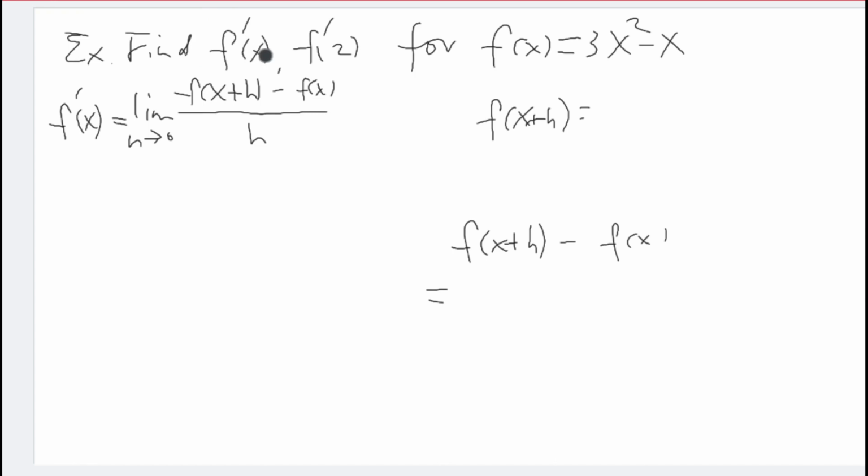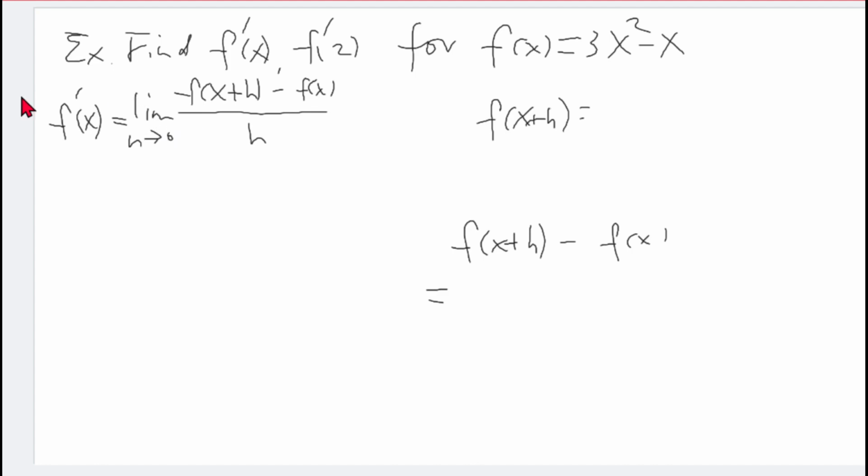And as we'll see, it's a function of x. All we need to do is to replace the x in this function by 2, then we get this guy. So we don't have to do it twice. So let's find f prime first. Well, of course, we use the definition.